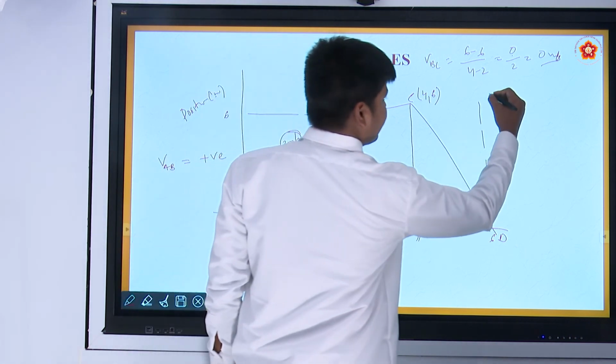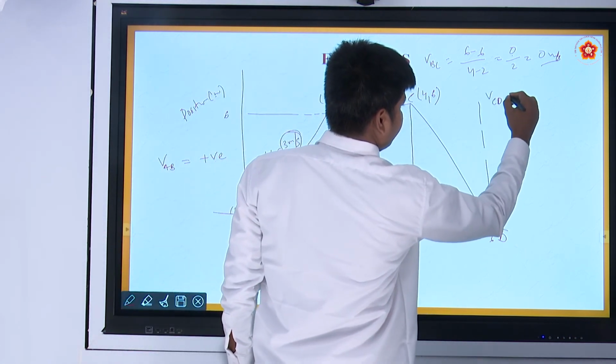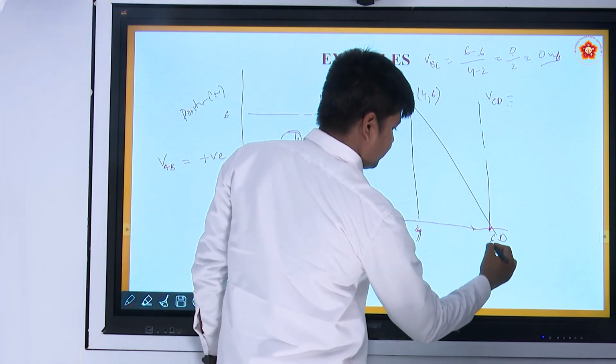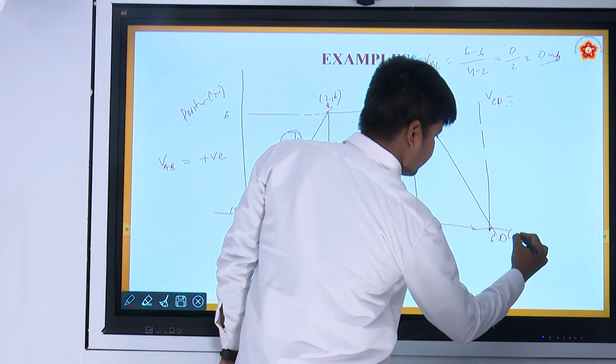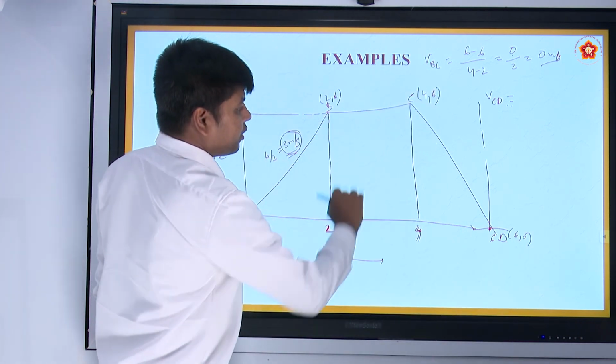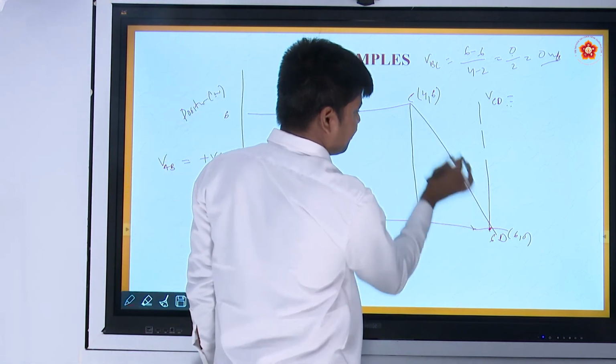Now, if I take the region CD, what is the final position here? It is 6, 0. Now what is the slope between these two points? Y2 minus Y1, because this is the initial point and this is the final point.